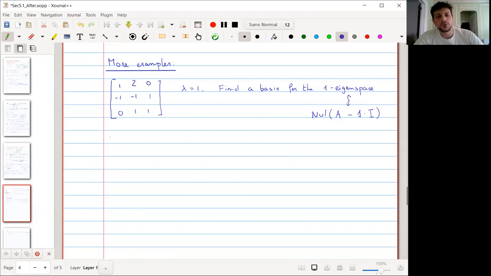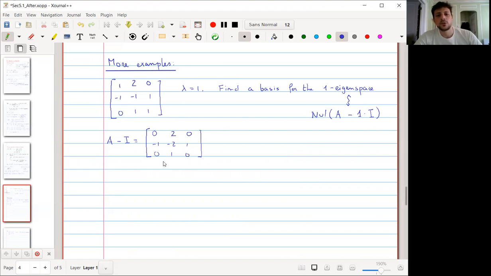So the first step should be to compute A minus 1 times the identity. When I do that, I have to subtract 1 from all the entries on the diagonal. So I get 0, 2, 0, minus 1, minus 2, 1, 0, 1, 0.